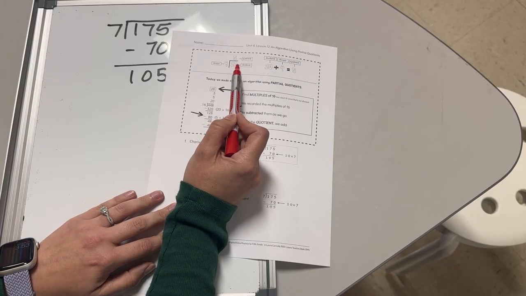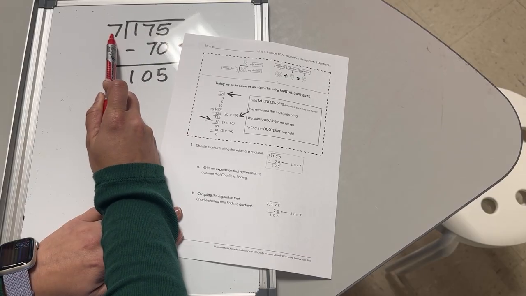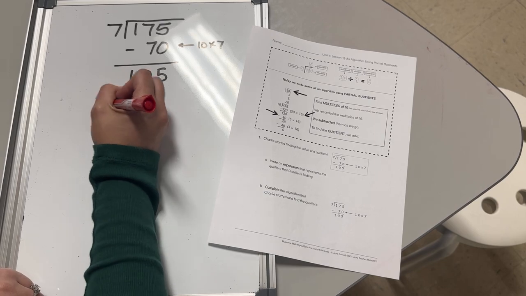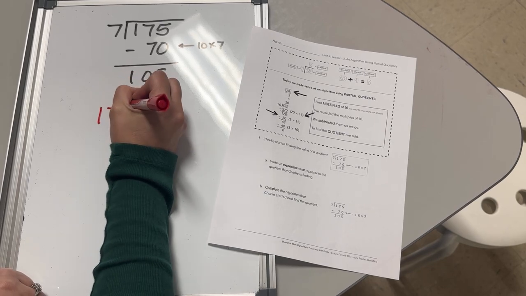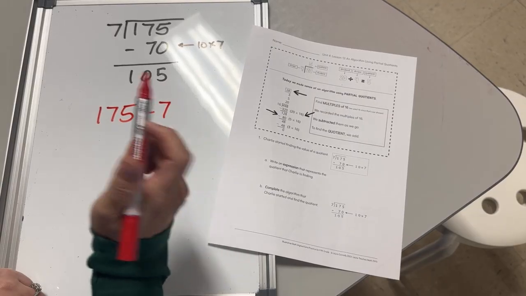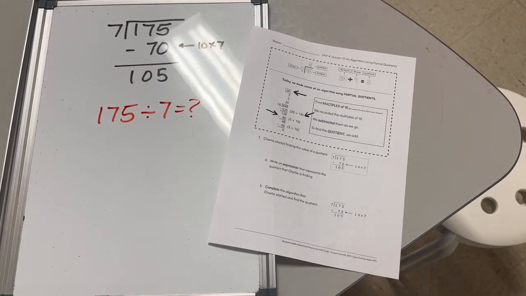So we know the dividend is going to be 175. And then when we look on the outside here, we see a 7. So we know the divisor is 7. That means if I were to write this equation out, it's 175 divided by 7. We don't yet know the quotient. That is what Charlie is trying to figure out.